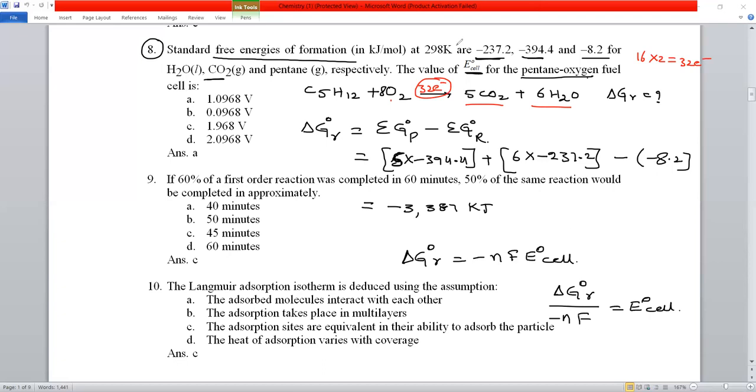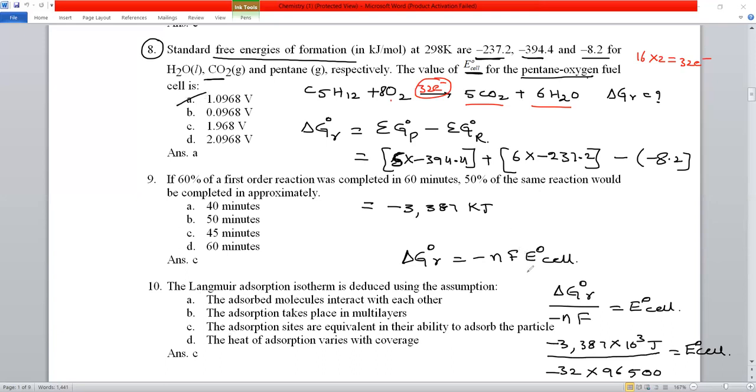So substitute here. The energy value is 3,387 kilojoules. I'm converting it into joules. In joules, divided by the n value, 32 electrons, minus 32 into the Faraday constant, 96500. On simplification, students, do this simplification and the answer we will get is option A, 1.096.